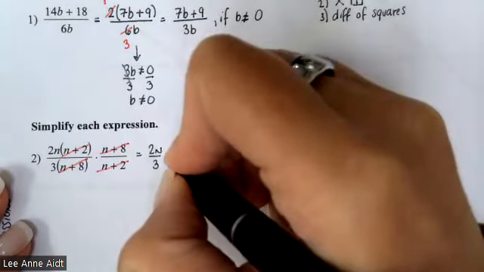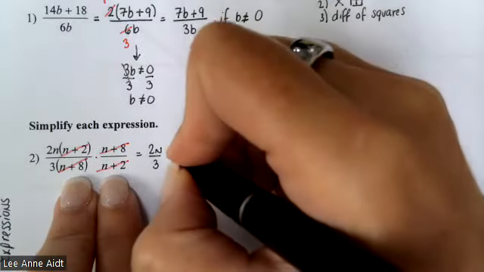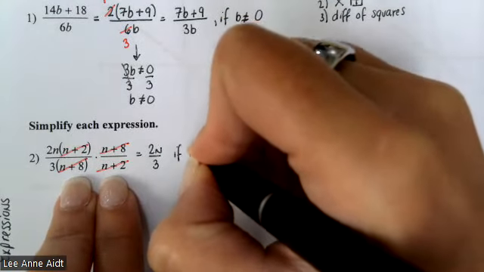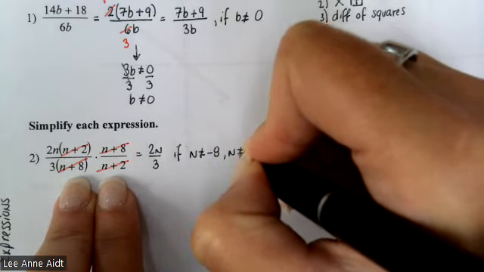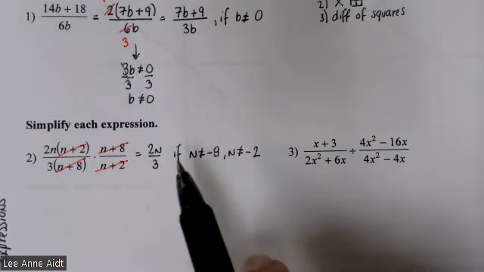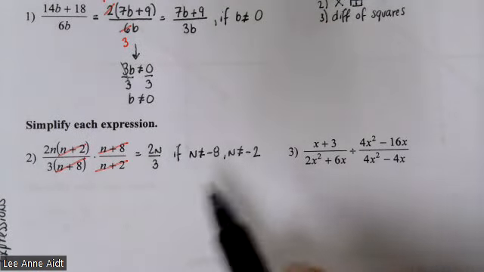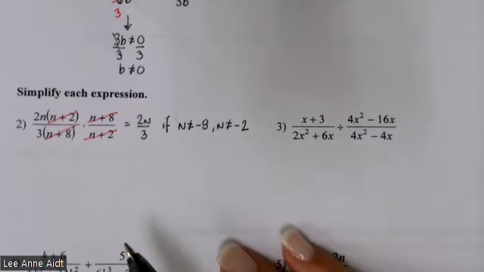Just want to make a note. I'm not going to do excluded values for all of them, but for this one, it would be if n does not equal -8 and -2. And I just went above and beyond there. It just said simplify, but just want to clarify.